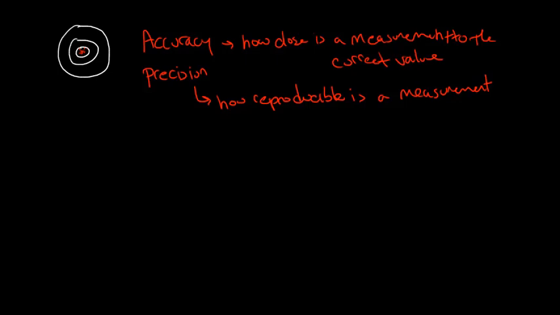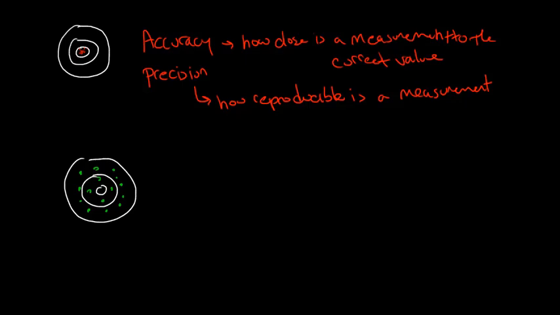Let's consider a second situation. We're looking at the same target. In this case, as we shoot the target, we see that our arrow is not hitting in the same spot every time. However, if we were to average these measurements, since they're surrounding the bullseye, we would get the correct number.